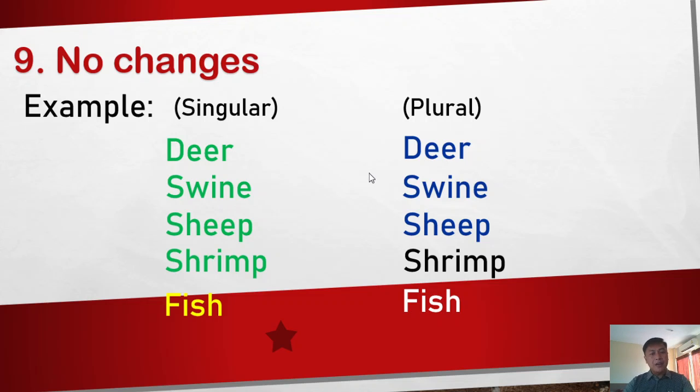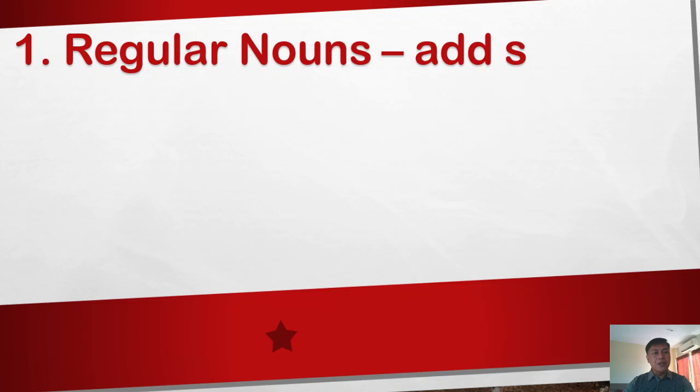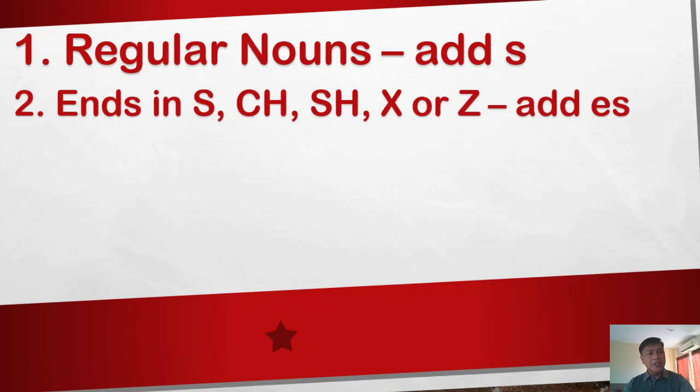After this, you need to do the activity. First, you have to review the rules in making plural forms. Number one, regular nouns, you simply add S. Number two, ends in S, CH, SH, X, or Z, add ES.